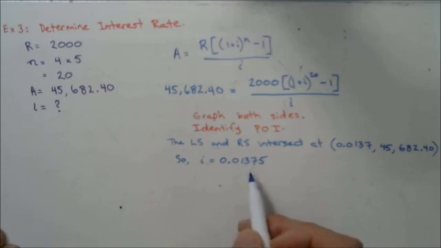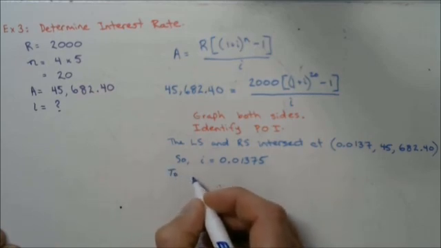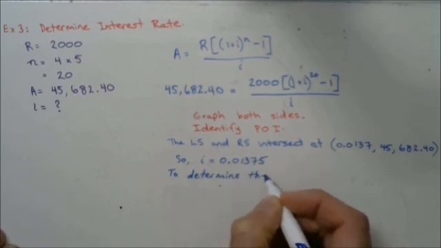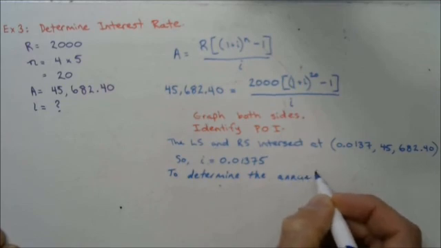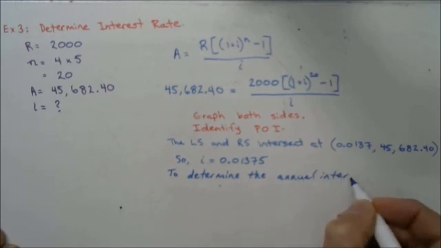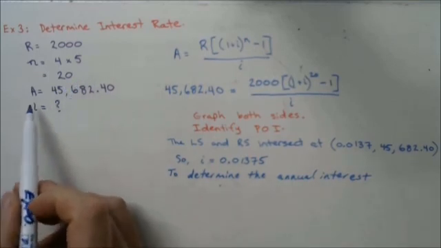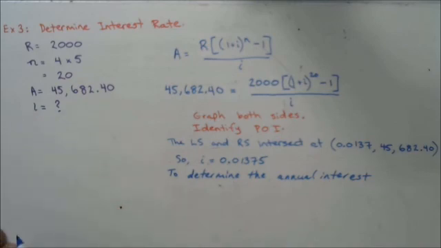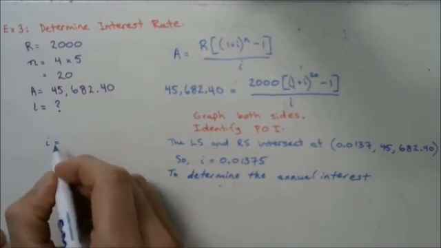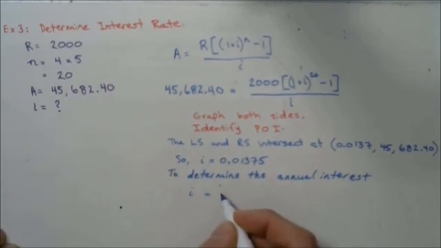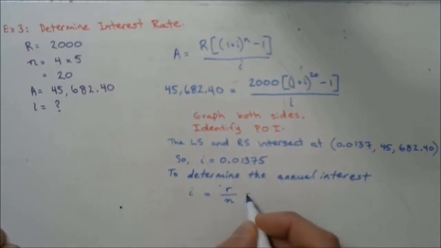And then to determine the annual interest rate, because it's always given as an annual rate when you're dealing with investments, we are simply going to do this strategy for finding I backwards. Typically, we would take I equals R, the rate per year, over N, which is the number of compounding periods.